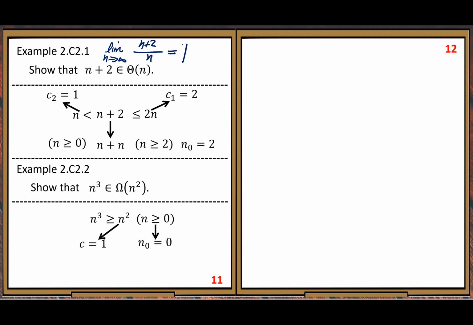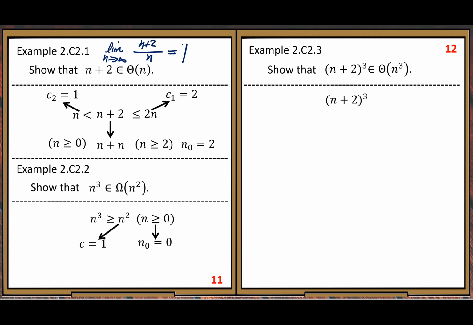All right, we still have a few minutes. Let's do another example. Example number 3. This time, (n plus 2) cubed belongs to big theta of n cubed. How to find the upper bound and lower bound?